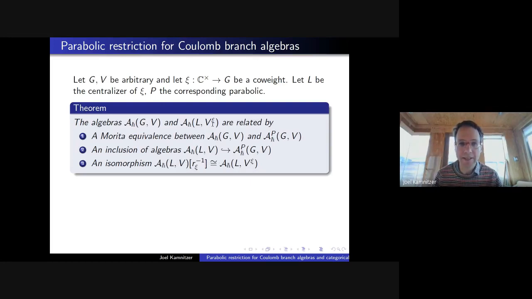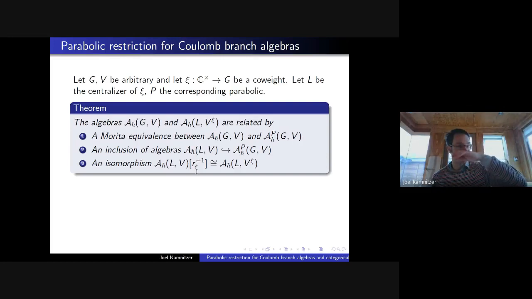So this element C can be viewed as defining a point in the affine Grassmannian of G. This G here, of course, because it's a coweight of G, gives you a point in the affine Grassmannian, or even better, in the affine Grassmannian of the group L. And then you can take its fiber over this point, which gives you something inside this BFN space, and you take the homology class of that.